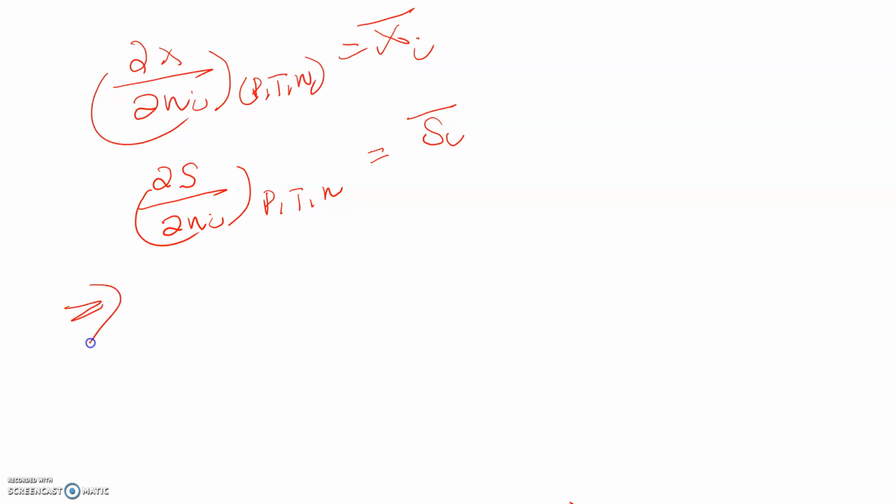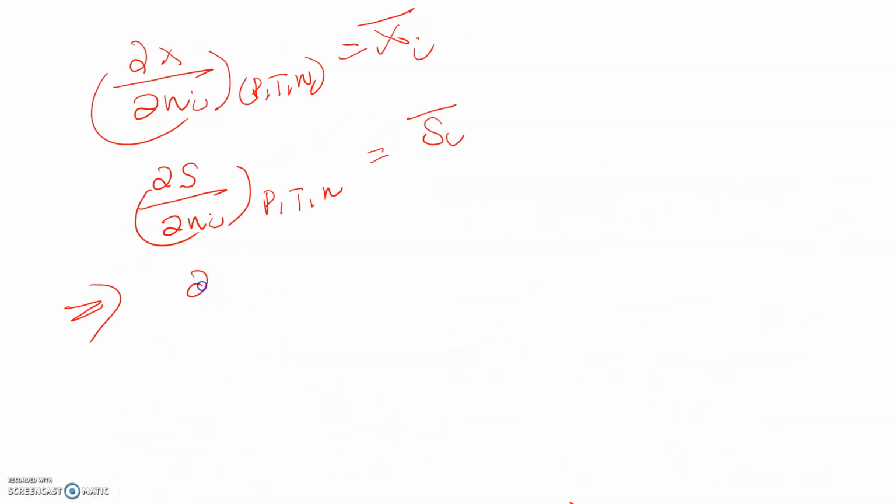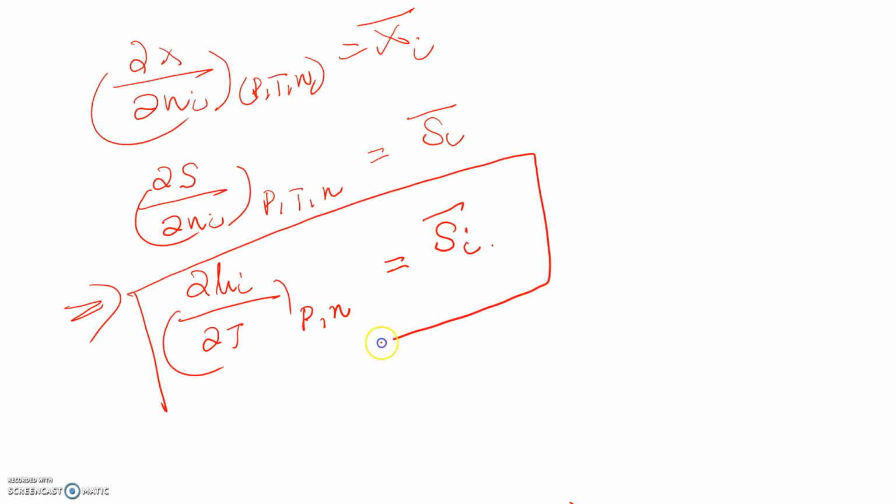So from this we have the variation of mu I with temperature at constant pressure and N as equal to minus S bar I. Dou mu I by dou T at constant pressure and number of moles is equal to minus S bar I. How does the chemical potential vary with temperature?